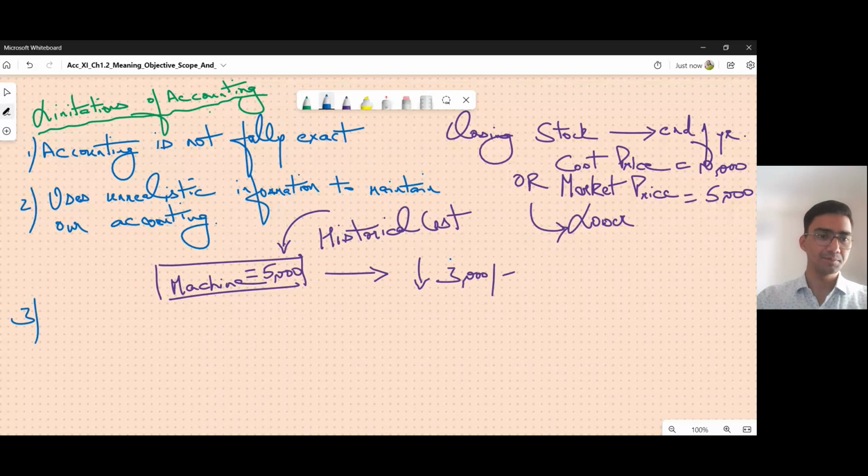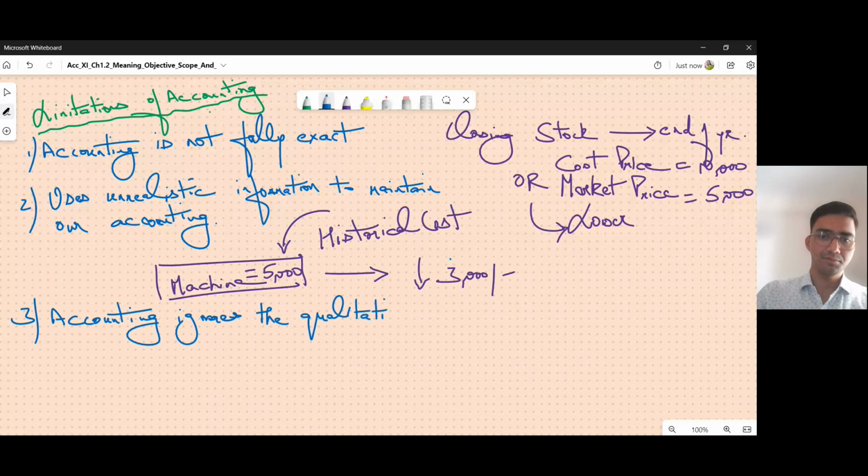The third point is that accounting ignores the qualitative aspects. Now, what are qualitative aspects?